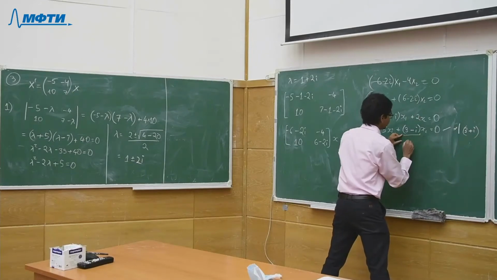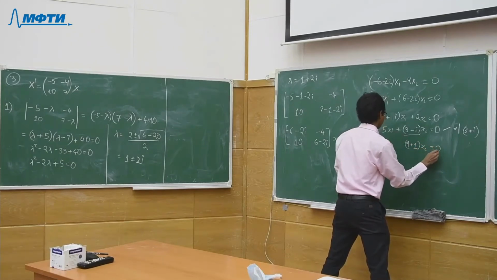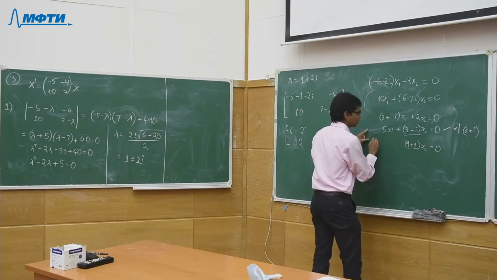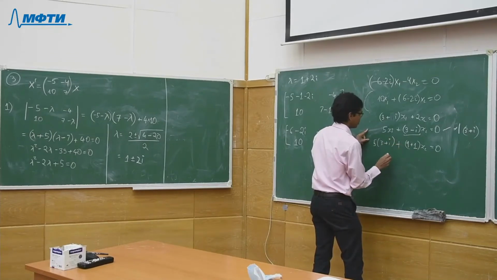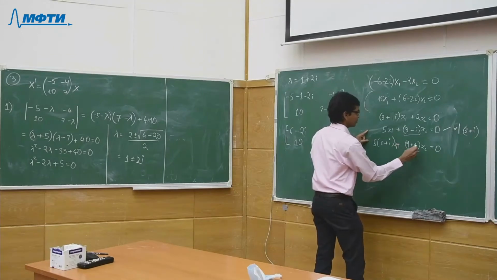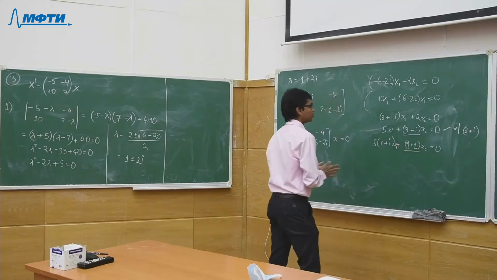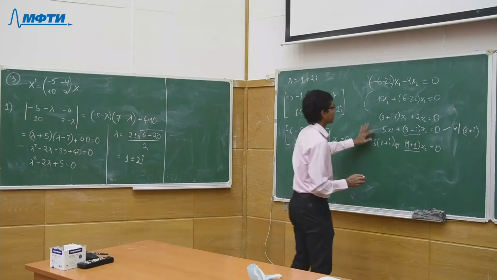This is 9 plus 1, it is 10. And this is 5 times (3 + i) times x1. But if we divide this 10 by 5, then yes, we get exactly the same. Okay, right.